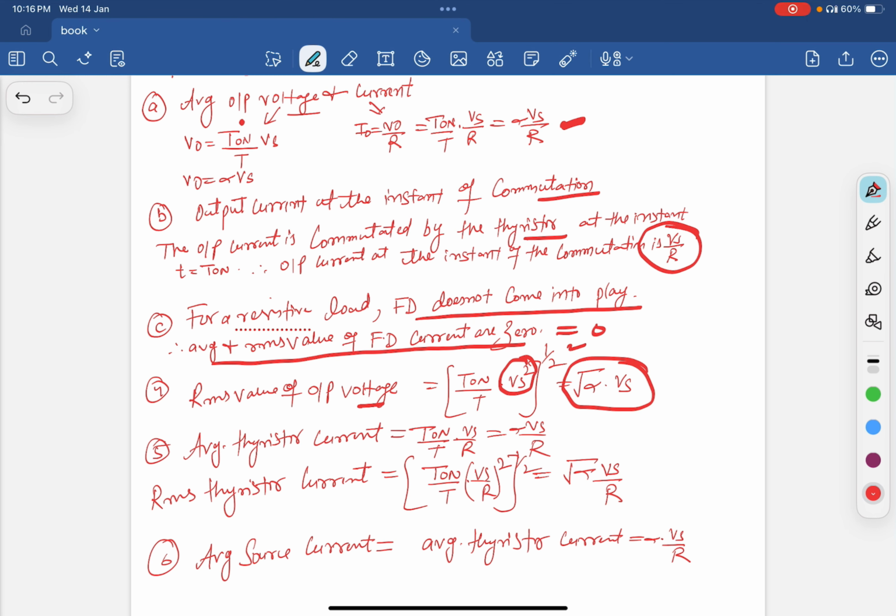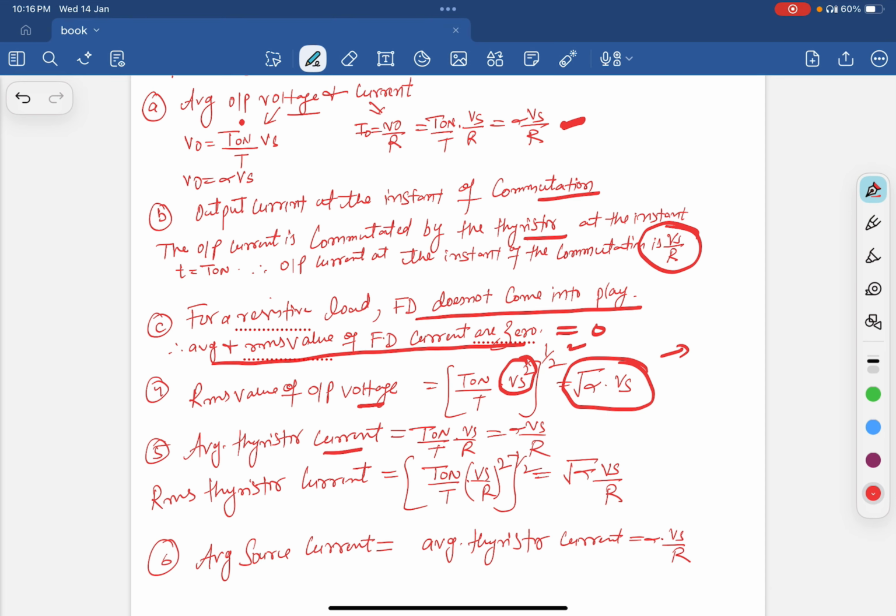This is the RMS value of the output voltage. Students should remember this by heart because in MCQ questions this is straightaway asked, and sometimes the supply value is given along with T on upon T, so you can calculate alpha, or alpha is given, so you can easily calculate the RMS value.